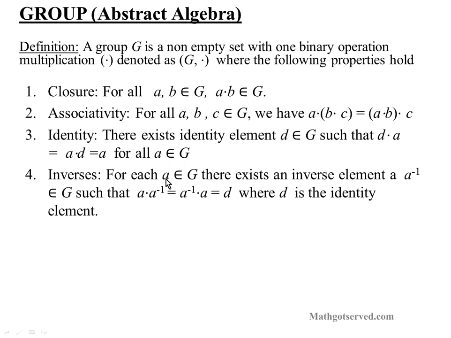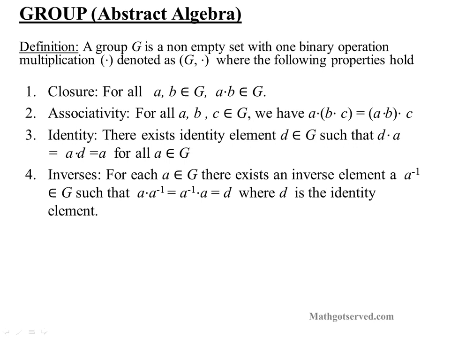This is known as the multiplicative inverse. So every element in a group must have a multiplicative inverse. And how do you check? When you multiply an element with its multiplicative inverse, in any order, you end up with the identity element. Okay, so any set that satisfies these four properties or axioms qualifies as a group.